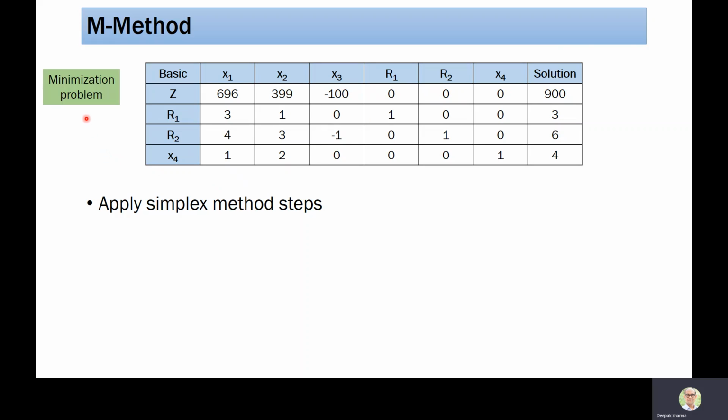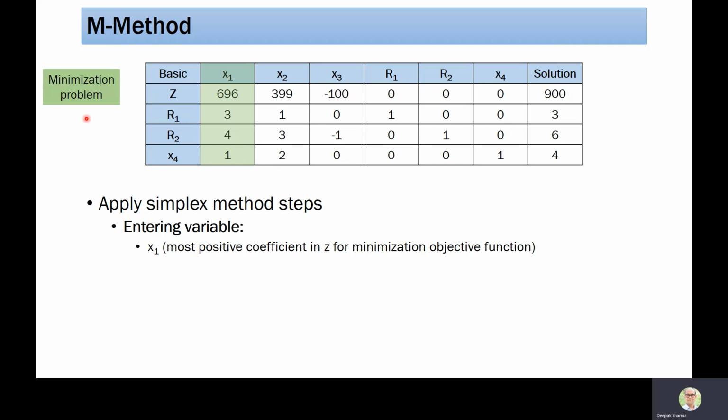Now we remember that the problem which we are solving is a minimization problem. So the optimality condition, or how to find the entering variable, depends on the most positive value. So the entering variable will be the most positive value, corresponding to x1. So this is what we have identified as the entering variable.